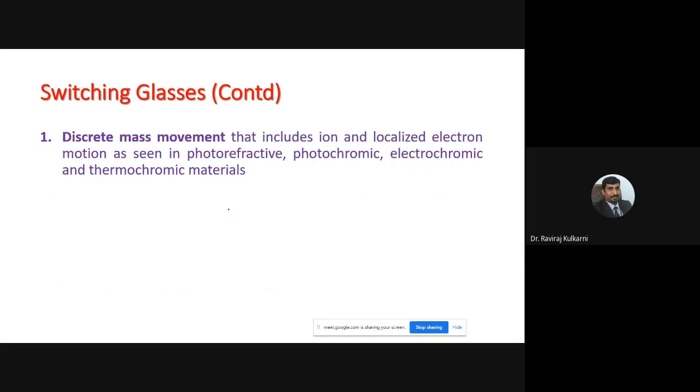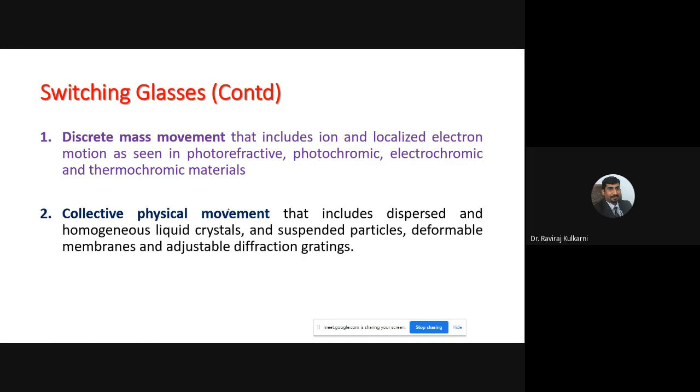One is discrete mass movement that includes ion or localized electron motion, as seen in photorefractive, photochromic, electrochromic, and thermochromic materials. In these materials, electron transfer or ion transfer happens. Because of that, the color of the material changes. Discrete mass transport, we say, or mass movement.